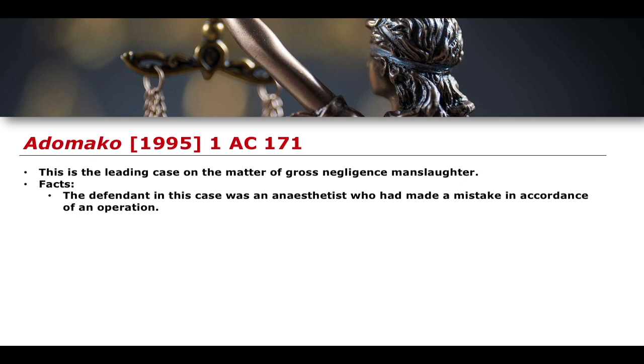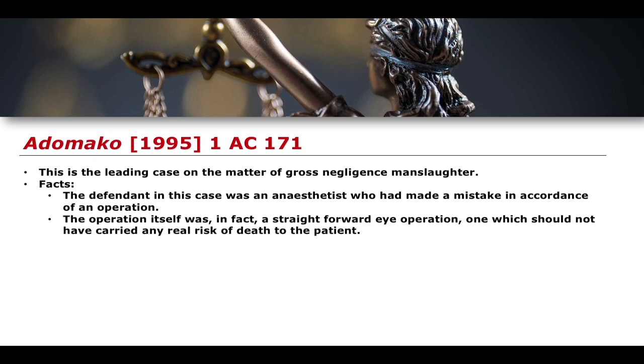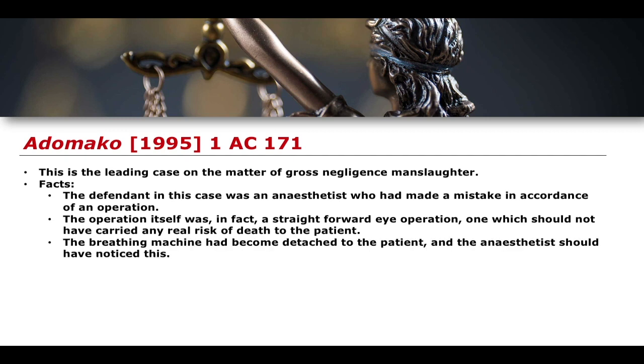The operation itself was actually a very straightforward eye operation, and so there was very little risk of death to the patient in an ordinary sense. It wasn't an incredibly complicated, invasive operation. It was relatively straightforward, a relatively easy operation to deal with.